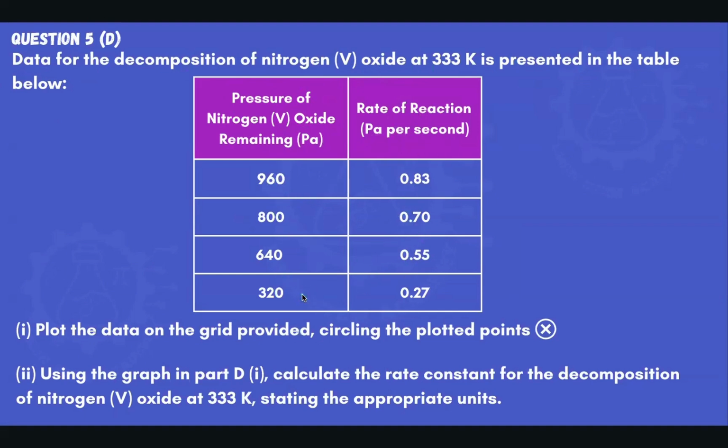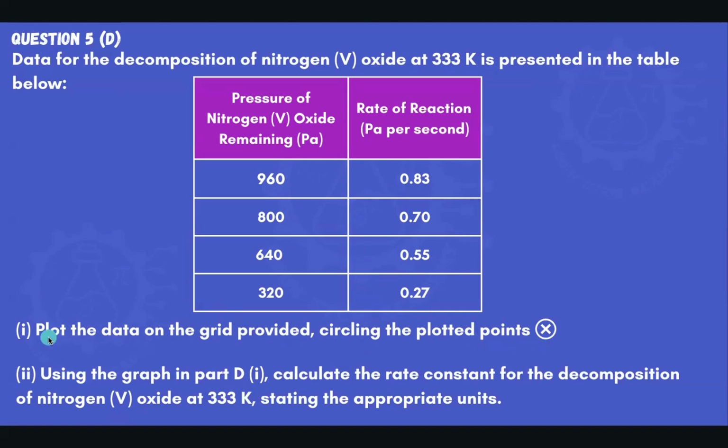We have to plot the data on the grid provided, circling the plotted points as an X with a circle. So you're circling your X, which represents your plotted points.